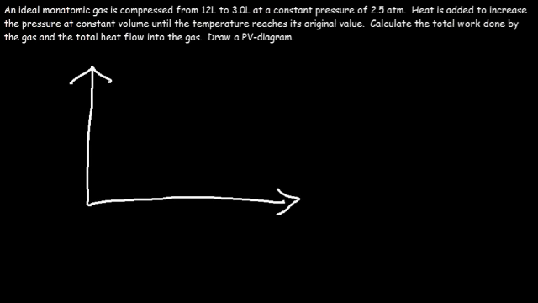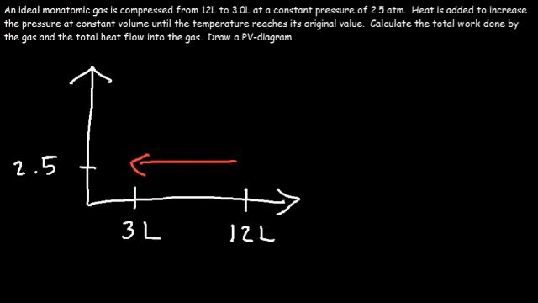So we're starting at high volume, a volume of 12 liters, and the volume is decreasing to 3 liters at a pressure of 2.5 atm. So we're going this way. Let's call this position A, position B. So that's an isobaric process. Now heat is added.